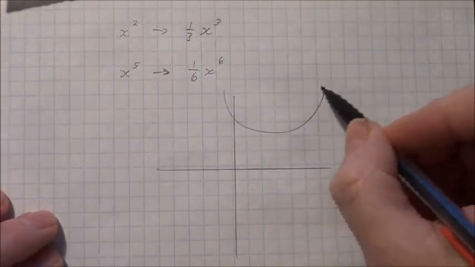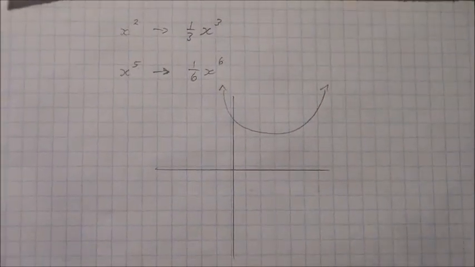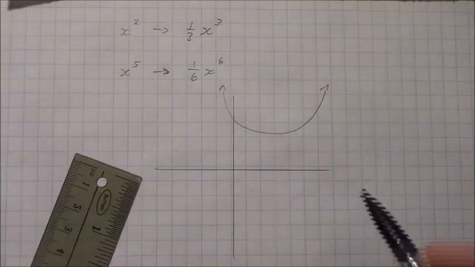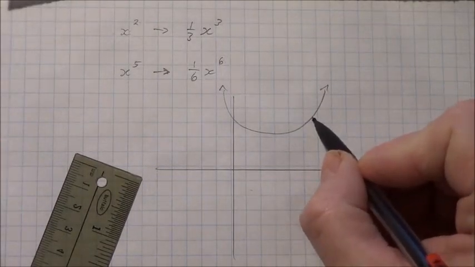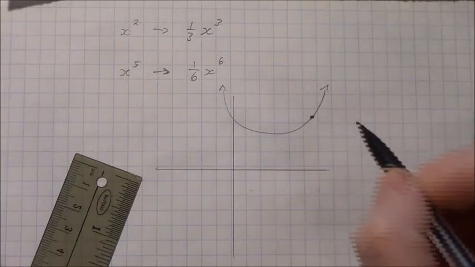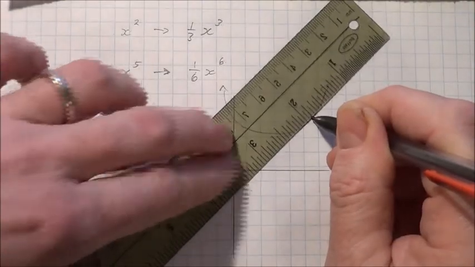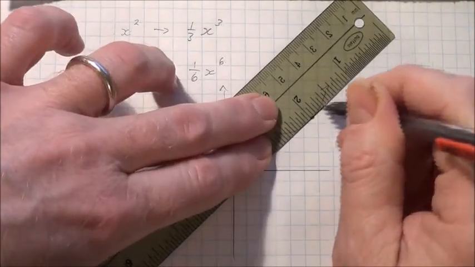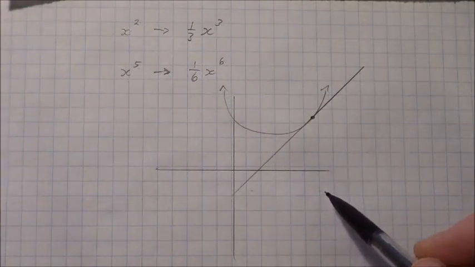I'll keep it simple and just say it's some sort of even-powered function. If we had the gradient at this point here, we know that the derivative represents the gradient of the tangent at that point.